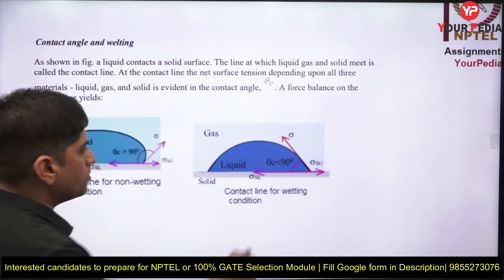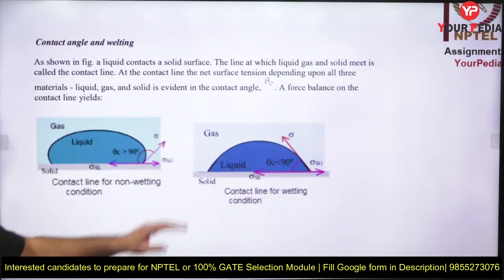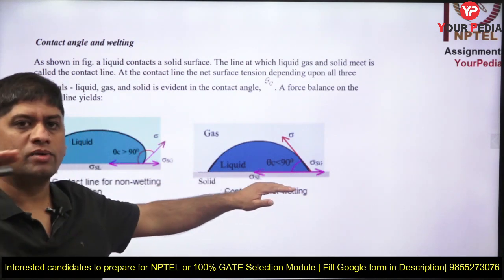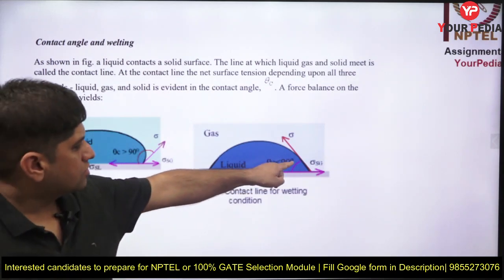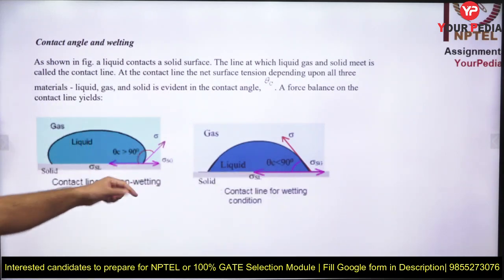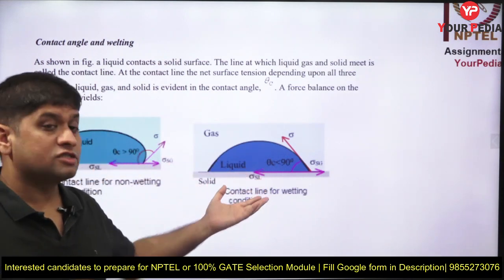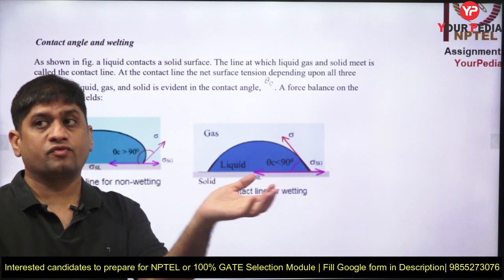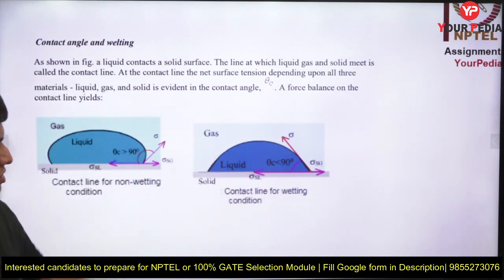So the common tangent drawn at the meniscus and the common surface between liquid and the surface, the angle between that is called the contact angle. In this case, this is an acute angle, this is an obtuse angle. As you know, this is mercury, and this is water. Here spreading is more, wetting is more. So if the contact angle is less than 90 degrees, wetting or spreading of the liquid is more. Less surface tension, more surface tension.